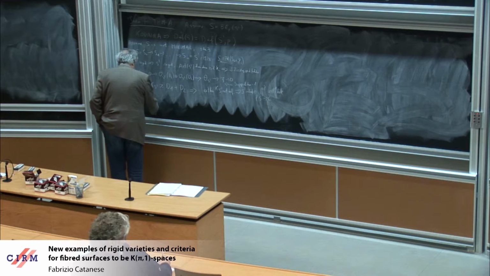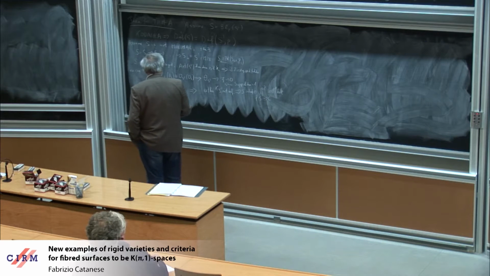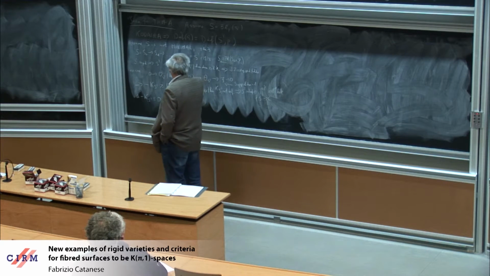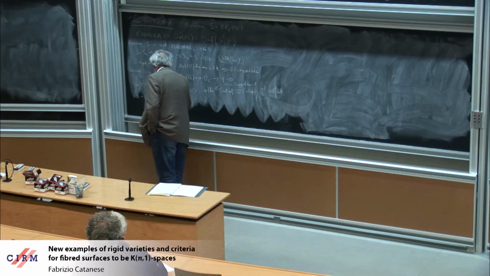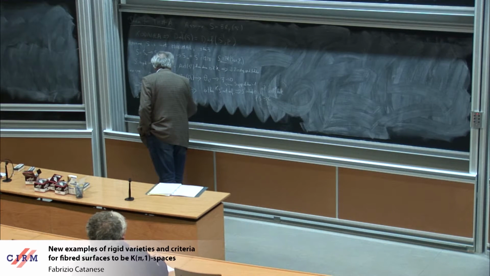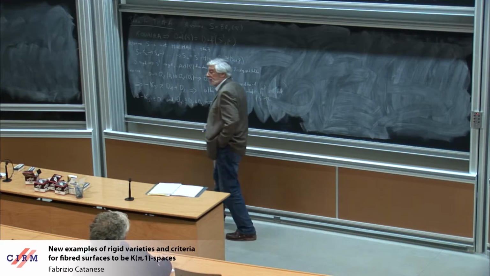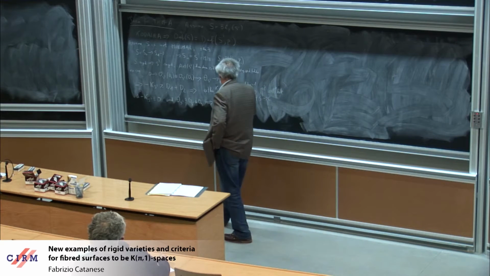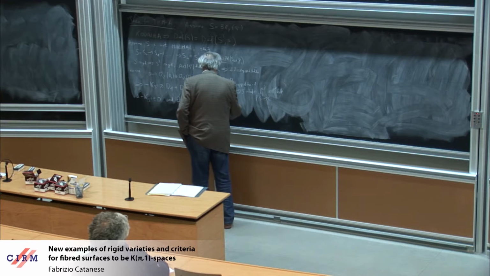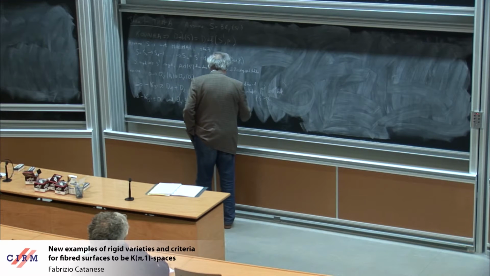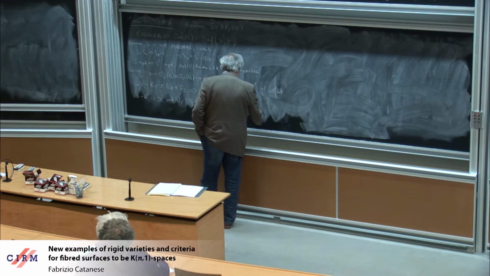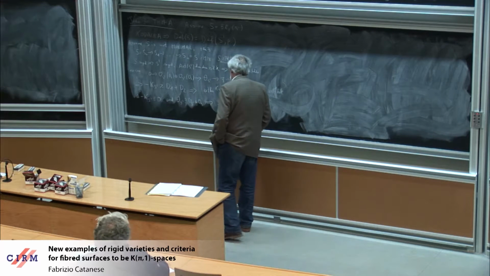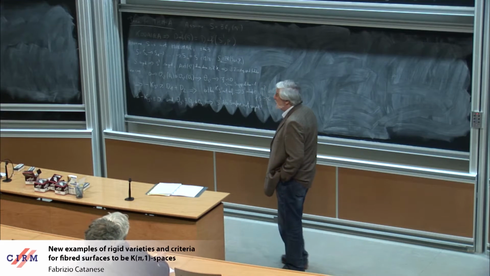Well, minus k prime is trivial, and d1 and d2 are 0, and it follows that theta S prime is O plus O. And this implies that S prime is a complex torus. Well, since it's projective, it is an abelian surface, which is not rigid. Now, P2, we know is rigid.